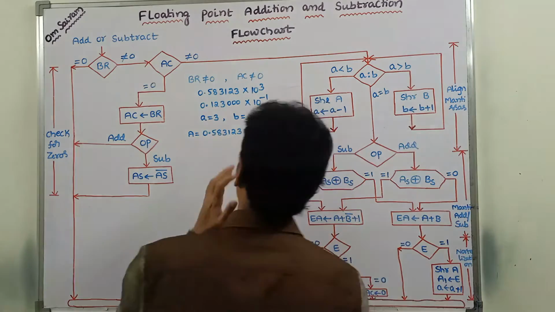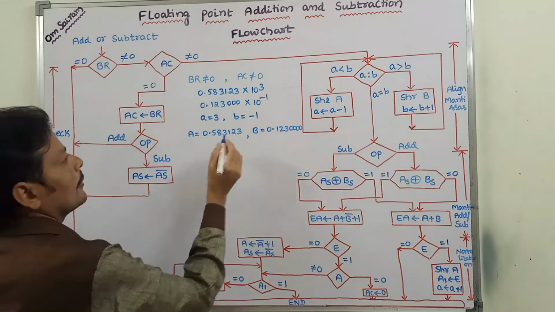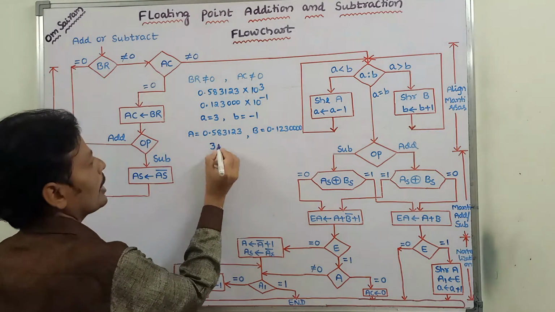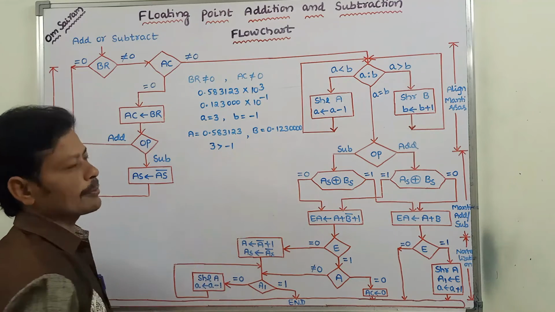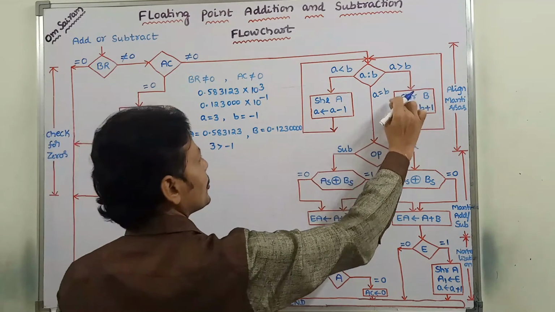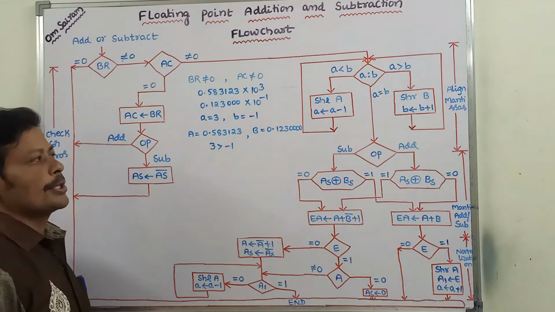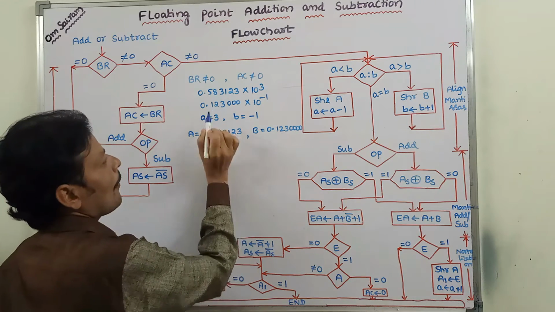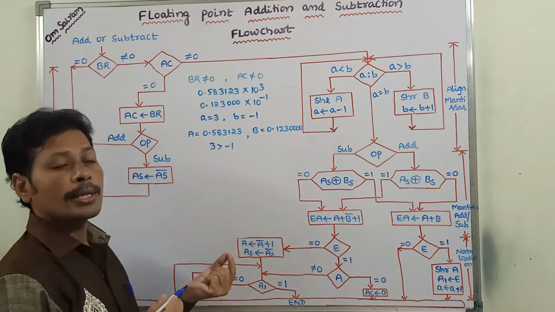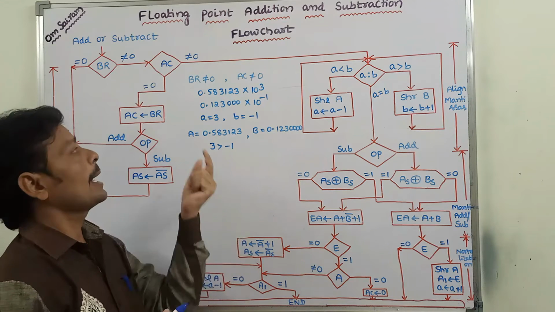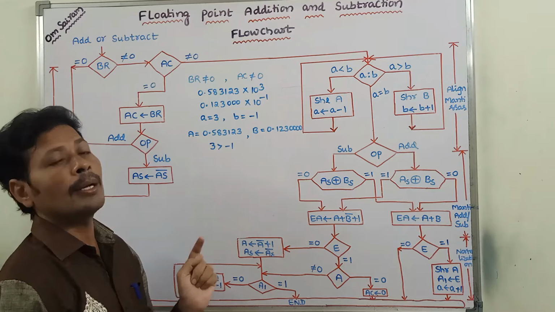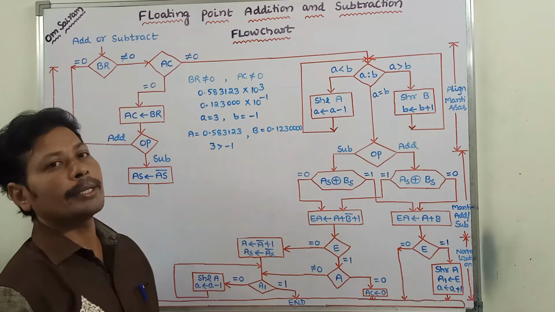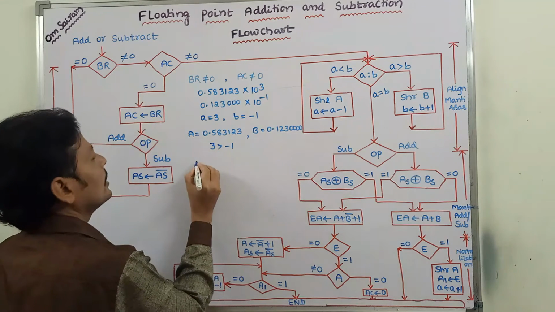How do we perform that? Here first I compare the exponents of the two floating point numbers, 3 greater than minus 1. If this condition is true, we perform shift right B. Shift right B means shifting the content of the mantissa of the second floating point number by 1 position to the right and incrementing the exponent of the second floating point number.